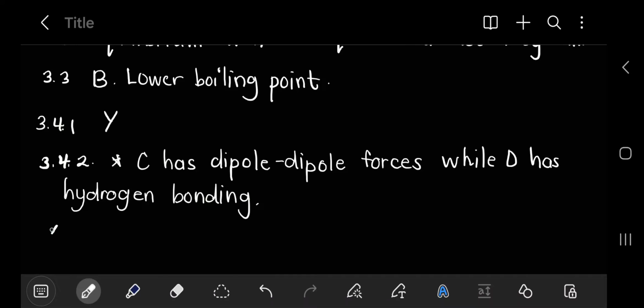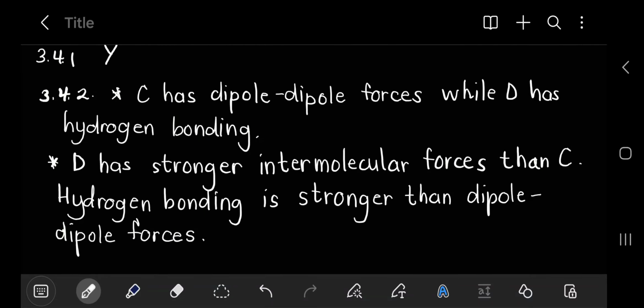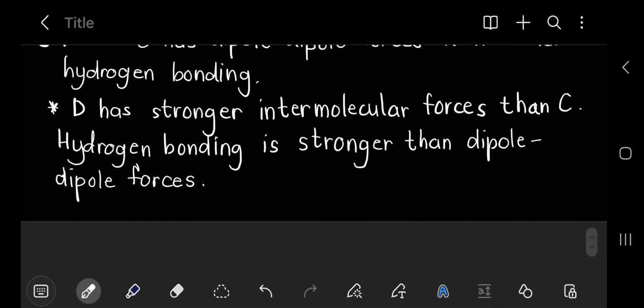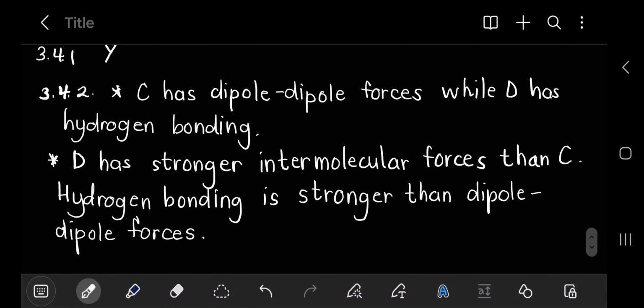Now let's talk about which one is stronger. So we know that hydrogen bonding is stronger than dipole-dipole forces. So I'm going to say D has stronger intermolecular forces than C, and our reason here is hydrogen bonding is stronger than dipole-dipole forces. Now that we've mentioned which force is stronger, we need to talk about energy.